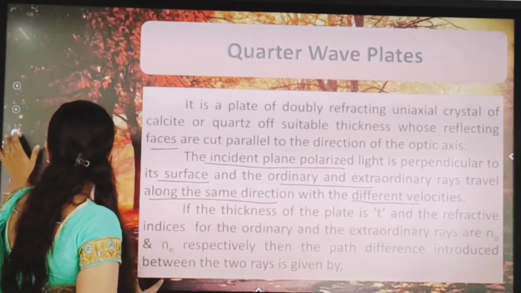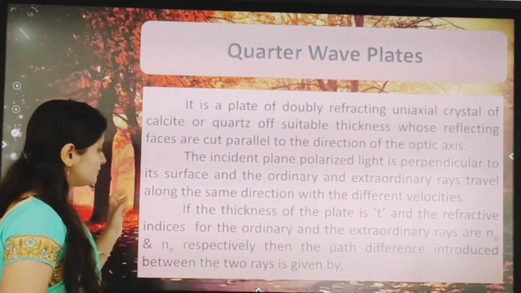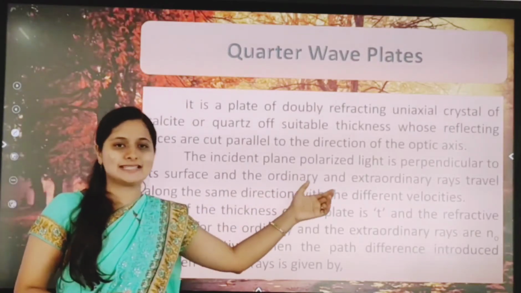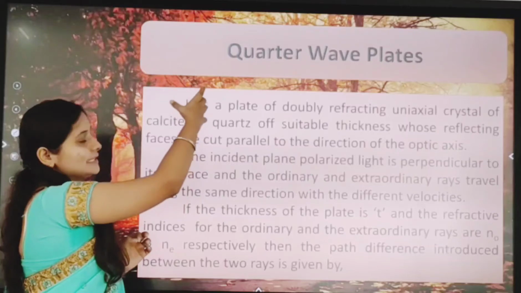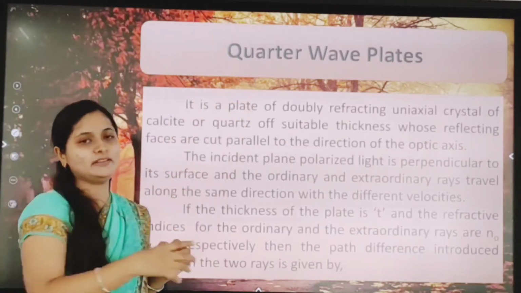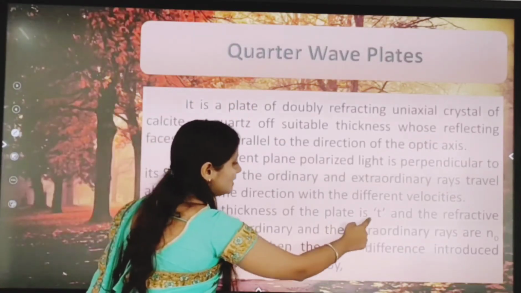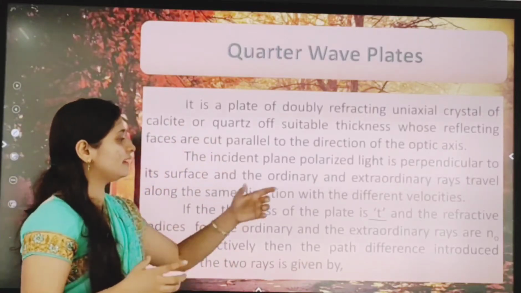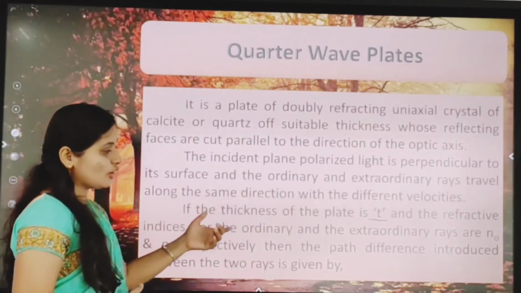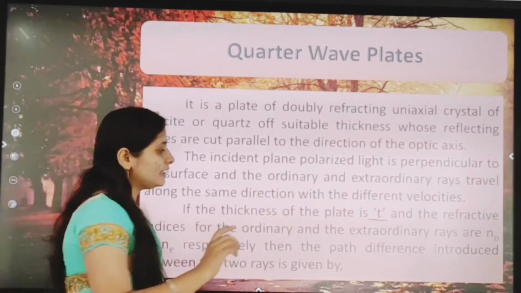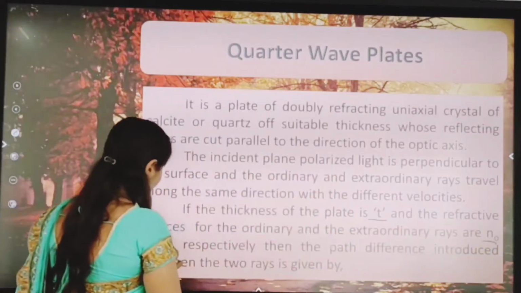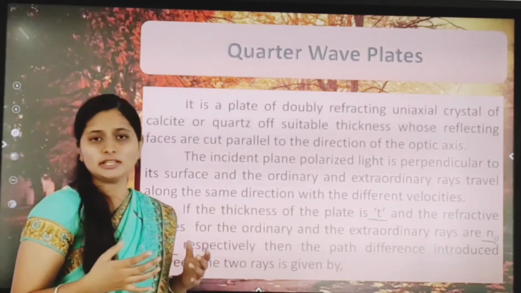Next we'll see what happens in the third para. If the thickness of the plate is T, whatever the thickness of the quarter wave plate, we are considering that thickness as T, and the refractive indices for the ordinary ray and the extraordinary ray are N naught and Ne respectively. N is nothing but the refractive index.